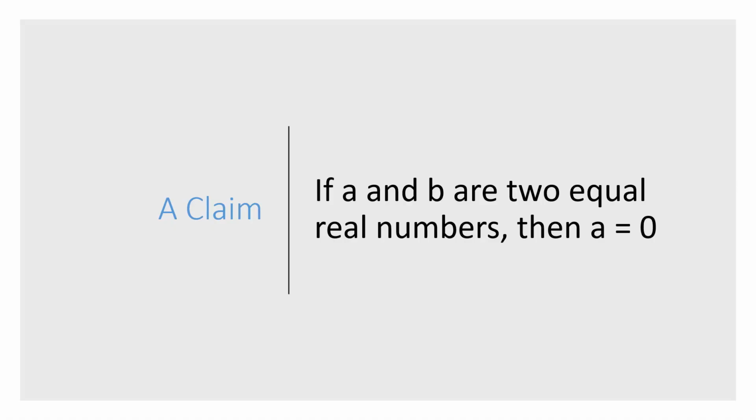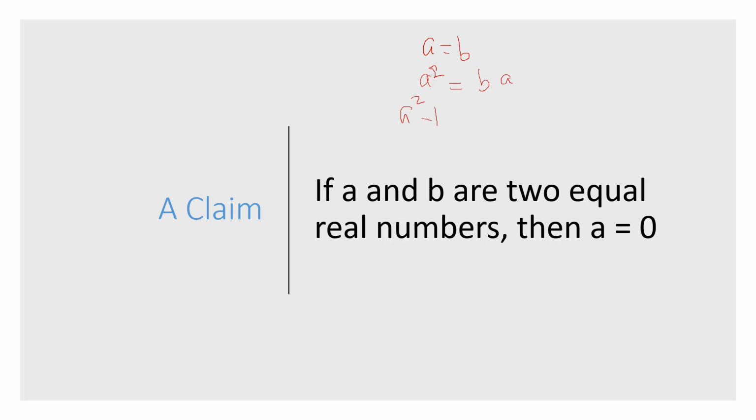So here's another one that is sort of a fraud. We assume that a and b are two equal numbers. Then I'm going to multiply both sides by a, so I get a squared on this side equals b times a.